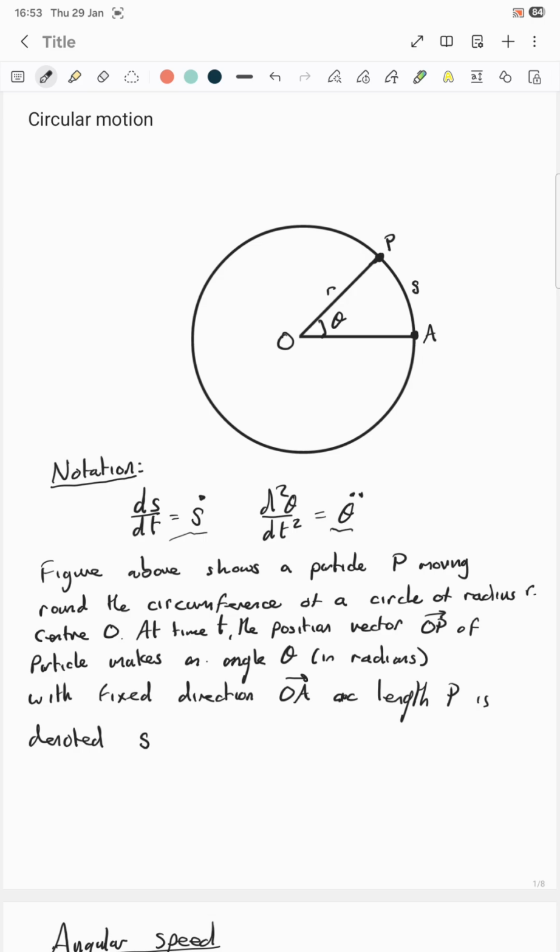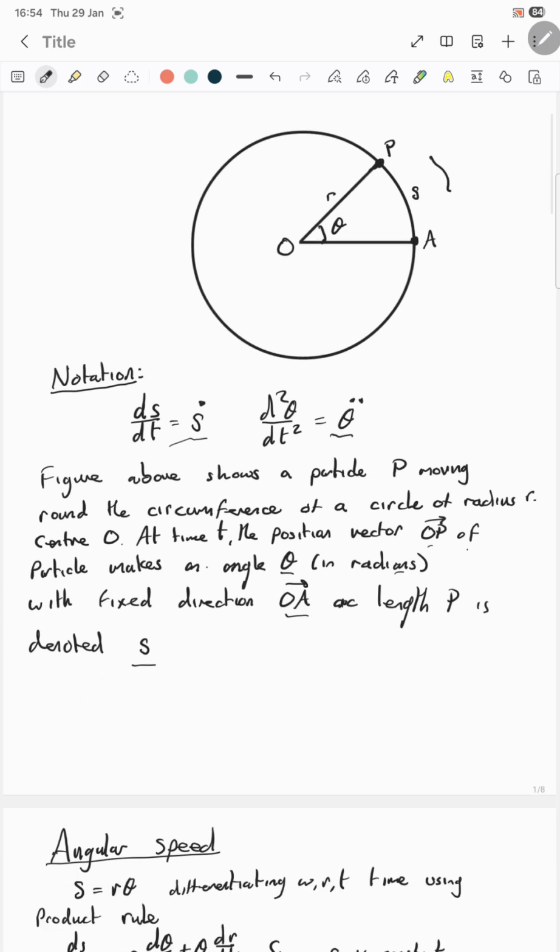and its centre O. At a time t, the position vector is OP. Vector OP makes an angle of theta in radians with a fixed direction OA, and the arc length AP is denoted s, which is here.